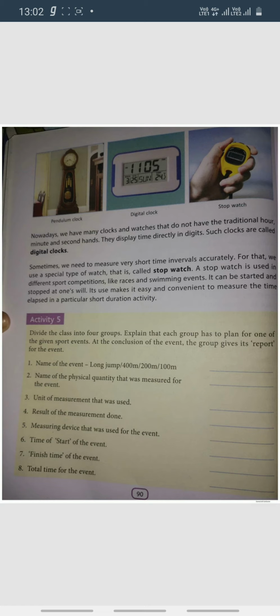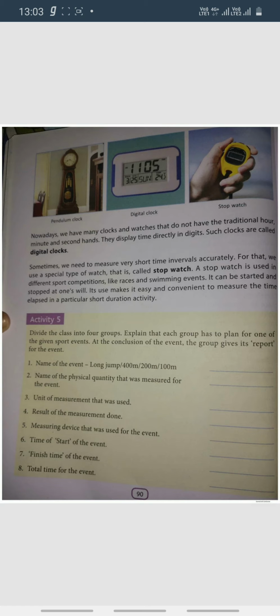Name of the event. If it is a race of 400 meters, then name the physical quantity that was measured for the event. You will measure the time duration, isn't it?